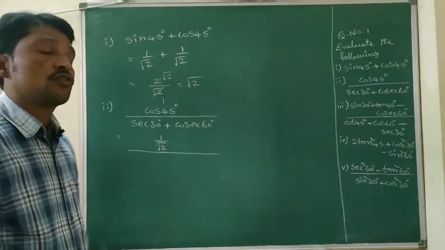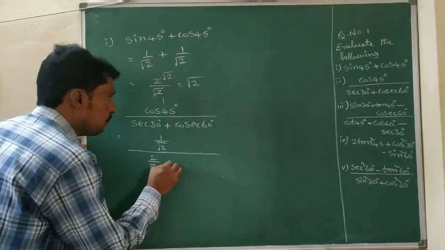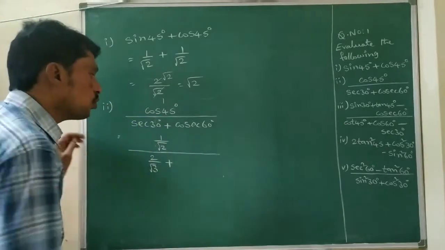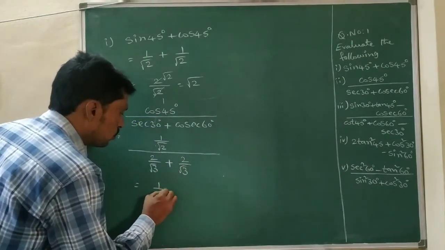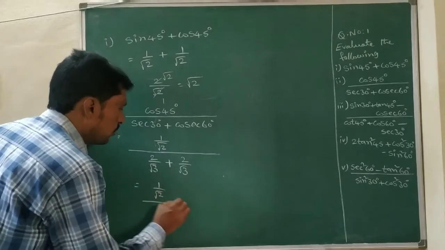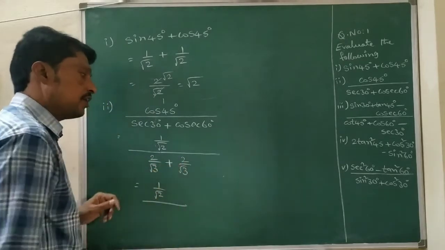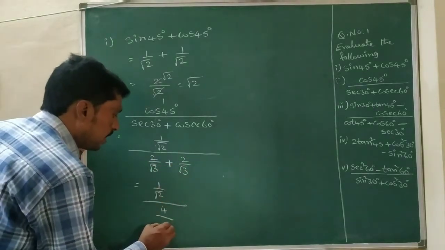So sec 30 is 2 by root 3, plus cosec 60. Cosec 60 value is also 2 by root 3. That equals 1 by root 2 as it is whole by, here denominators are equal, so directly you can add the numerators. 2 plus 2, 4 by root 3 as it is.